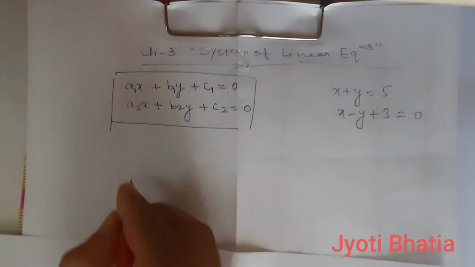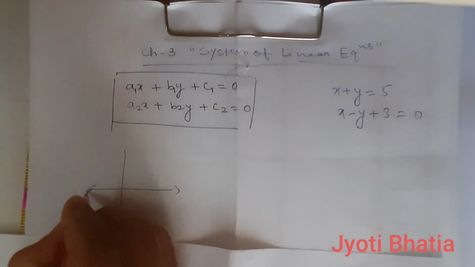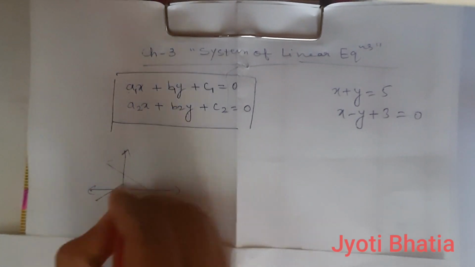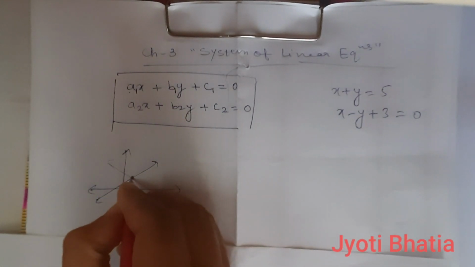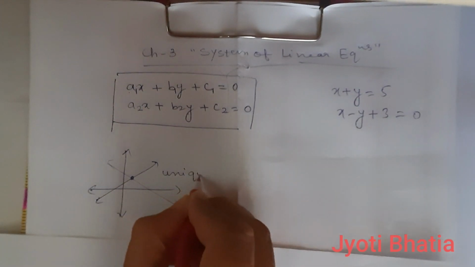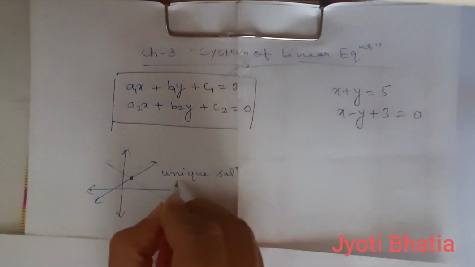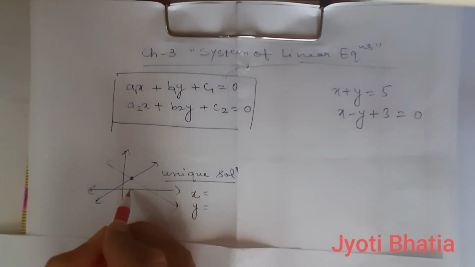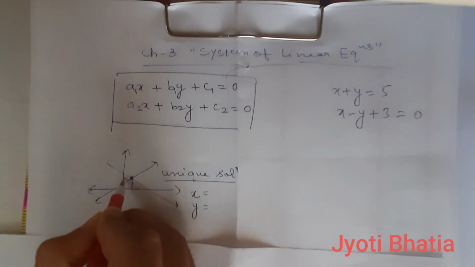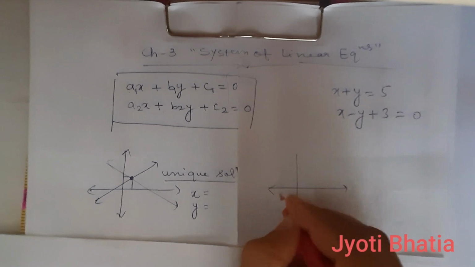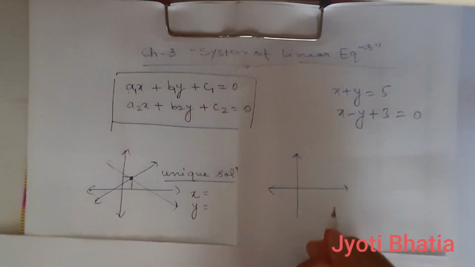In one graph you found that the straight lines corresponding to those equations were meeting somewhere. So when the two lines meet at a single point, we call it to have a unique solution. That is, there will be one and only one value for x and y. X will be measured here, y from here. Such lines are called intersecting lines.